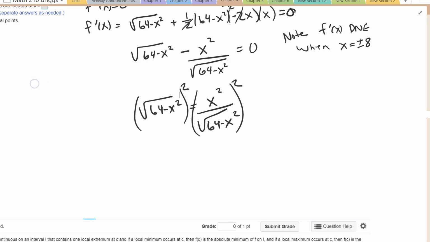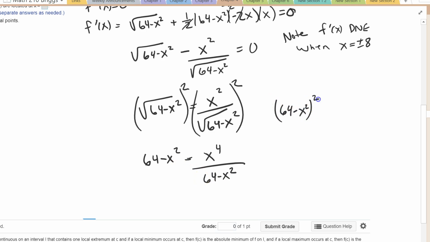So if I know they're two positive functions, I can square both sides and they still will be equal to each other. So I have 64 minus x squared equals x to the 4th divided by 64 minus x squared. Now if I multiply both sides by 64 minus x squared, I'm left with (64 minus x squared) squared equals x to the 4th. Again, I know both these sides are positive, so I can take the square root of both sides, in this case, the plus or minus square root of both sides.